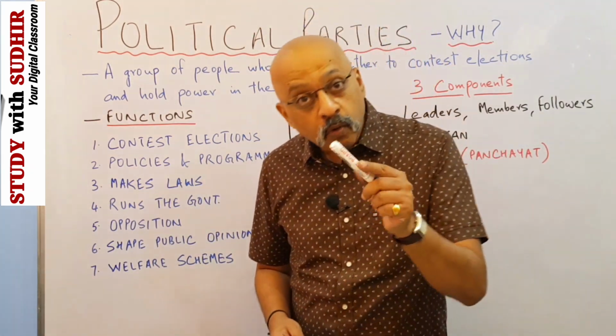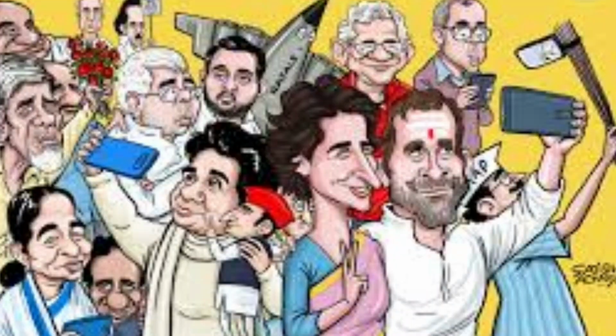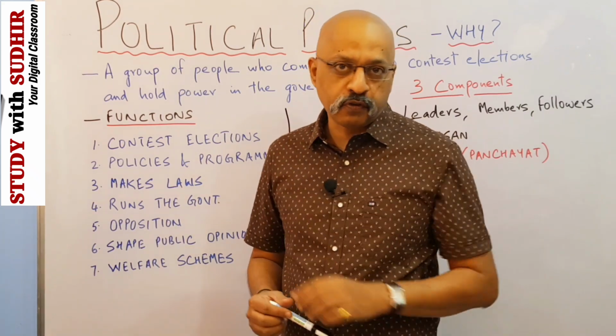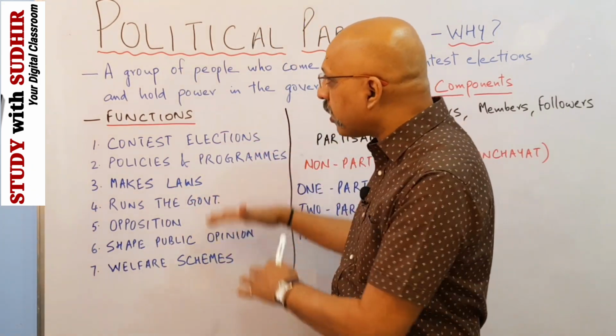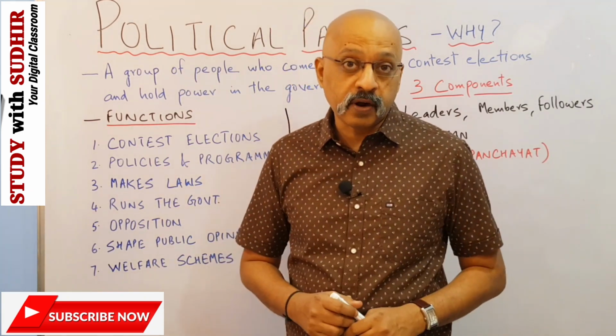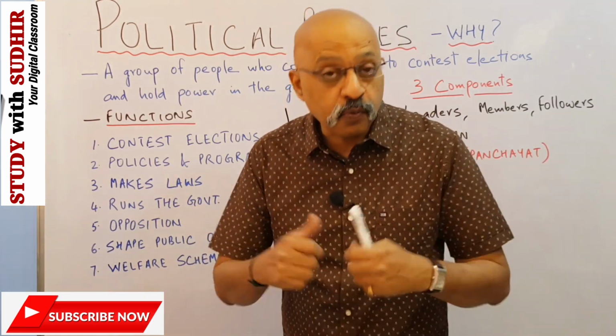But the moment you say political parties and ask them to name at least 5 political parties or some political leaders, they'll be able to do it for you. So in this chapter, we'll be talking about the different functions of political parties, the structure of political parties, and the different kinds of political parties.